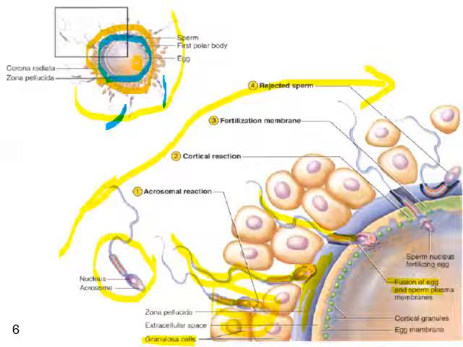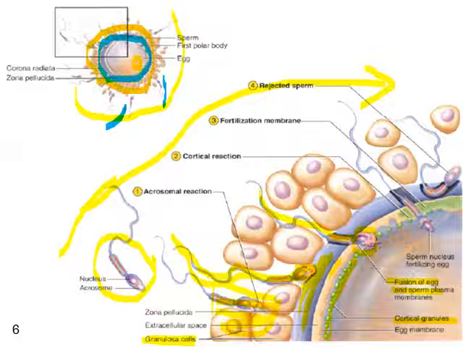The fusion of the sperm with the oocyte triggers an important event. That actually triggers several important events. First, it triggers granules that are located on the inner surface of the oocyte membrane. Those granules undergo exocytosis.